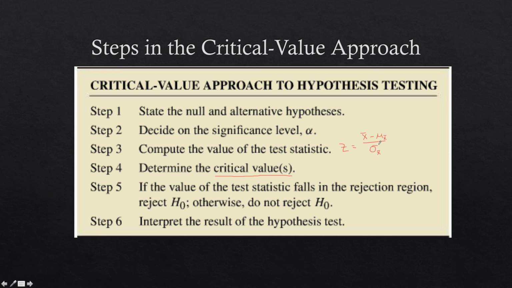Based on your alternative hypothesis, see if it's less than, greater than, or so on. If the value of the test statistic falls in the rejection region, reject the null. Otherwise, do not reject the null, and then interpret the result.